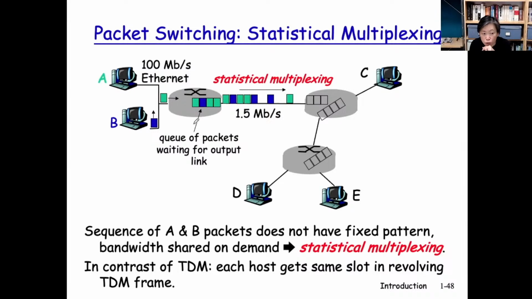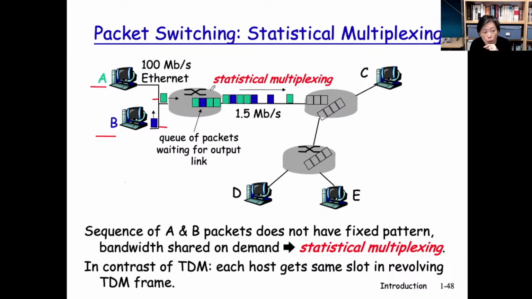This slide is to illustrate congestion. The scenario is A and B, 2 users generating packets, A generating green packets, and B generating blue packets. And you see these packets are generated as user A and user B are typing things up spontaneously.